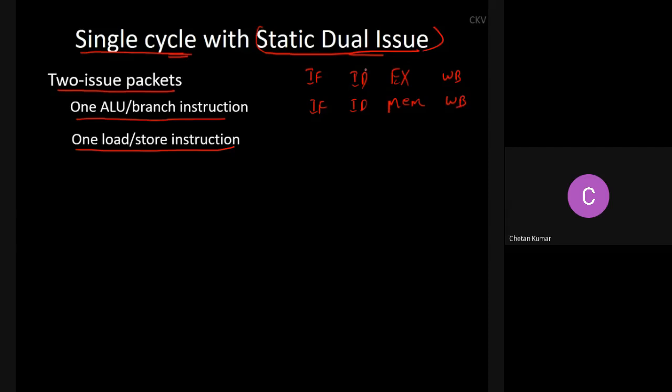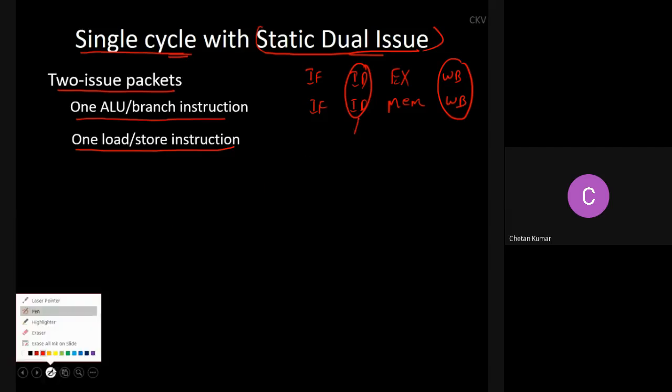What do you mean by having 2 ID stages and 2 write back? Does it make sense, because the register file that you are accessing will always be one only? How will you modify the register file to accommodate this? Any ideas?